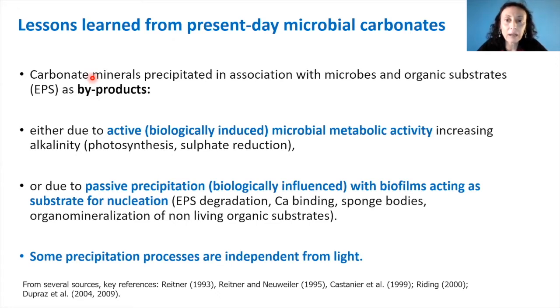From the present, we learn that carbonate precipitation driven by microbial biofilm takes place through different processes, and it is the byproduct of two main types of mechanism: either an active precipitation, where the precipitation is linked to microbial metabolism, and this is called biologically induced precipitation, but there is also a considerable amount of carbonate precipitation related to passive mechanisms of non-living organic matter that can derive from the extracellular polymeric substances of the biofilm that have the capacity of binding calcium ions, or from sponge bodies.